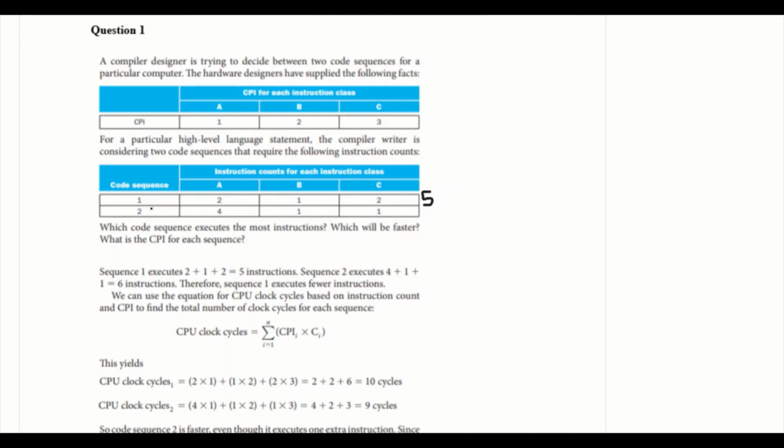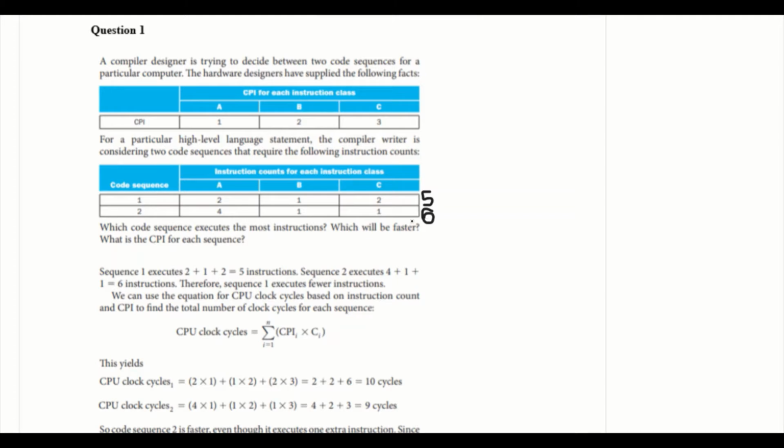How about program 2? Another program, a different program, not the same program. It has 4 instructions of this type, A type of instruction, like load instruction maybe, and 1 instruction of this type and 1 instruction of C type. So totally 4 plus 1 plus 1, 6. So this is the total number of instructions.